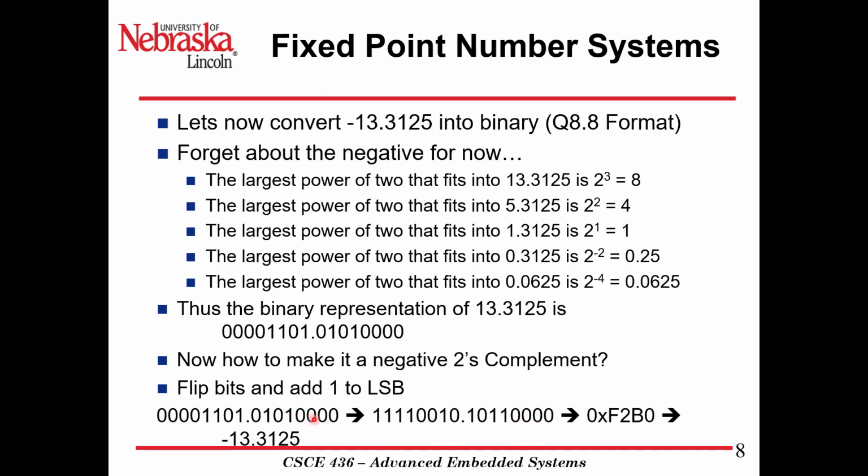Notice these 4 bits would have been 1, but we added 1 to them, thus shifting that bit to the left 1 more bit. So this is the final value, and that's Q8.8, so we can represent that in a 4-digit hex value as well, F2B0, which is negative 13.3125 fixed point.